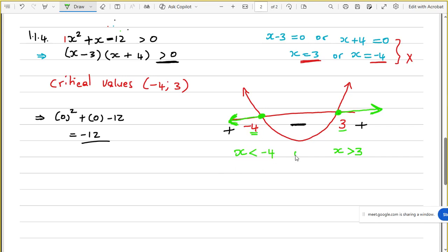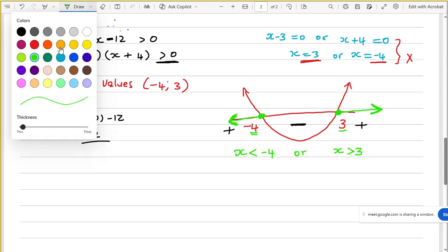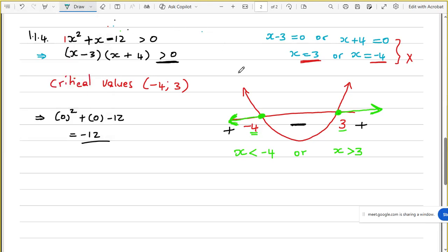Give them x is that or x is that. You'll definitely collect all the marks. Now this is how they're going to mark you. You'll get 1 mark for the factors, 1 mark for finding the critical values, and then 2 marks for the final answer. That's 4 marks in total.